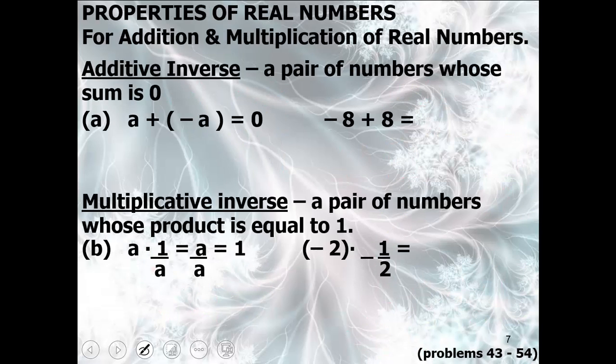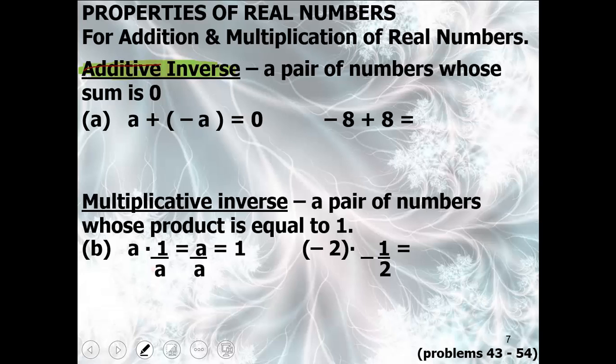The next properties we're going to talk about are the inverses, the additive inverse and the multiplicative inverse. Let's start with the additive inverse. We've touched on this before: a pair of numbers that when you add them together, they have to be 0.